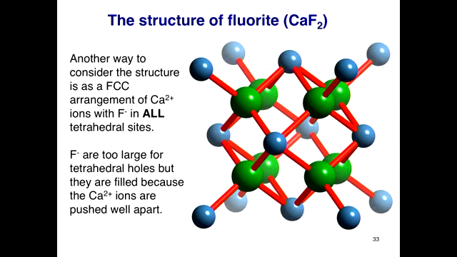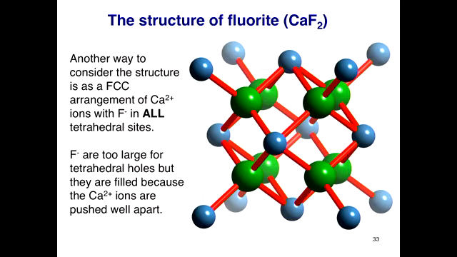If I wanted to look at those, you might say, well, where are those cubic holes we spoke about before? If you take those 8 fluorides, 1, 2, 3, 4, 5, 6, 7, 8, there's a cubic hole in the middle here. No calciums in there. But if I went across to the next unit cell, I've got 1, 2, 3, 4 fluorides there, and another 4 over here, which would give me a cubic environment around that calcium there.